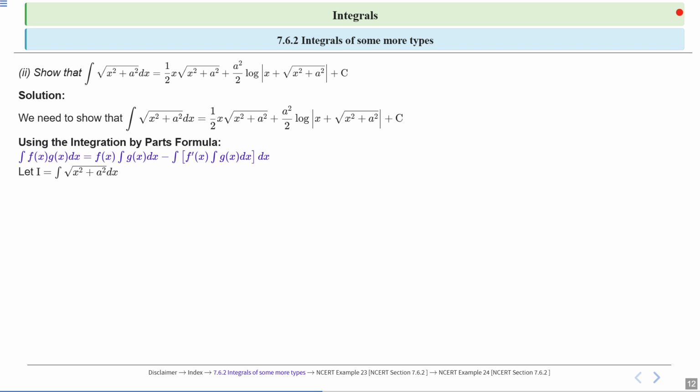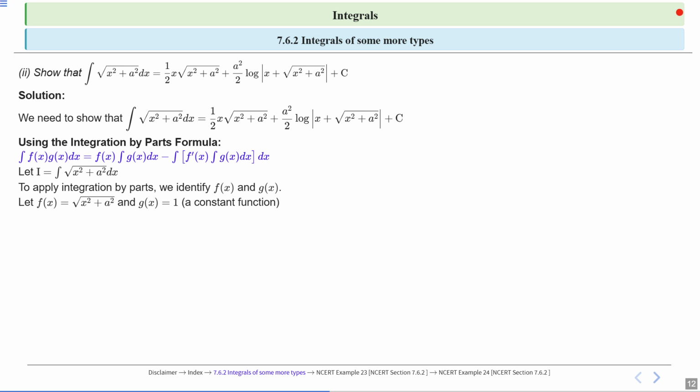So now let I is equal to integration of root under x square plus a square dx. To apply the integration by parts, we identify f(x) and g(x). We can apply the ILATE rule, or we can clearly see we have to take f(x) as root under x square plus a square and g(x) as 1, because we don't know the differentiation of f(x) until now.